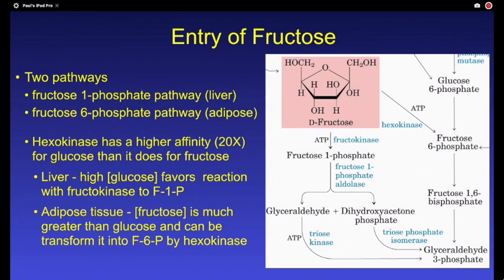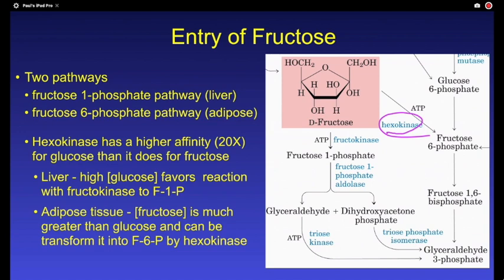The two pathways for fructose, okay: the hexokinase, the not very often used pathway, only happens in adipose tissue. If by chance fructose can get into adipose tissue, fructose will bind inside hexokinase.